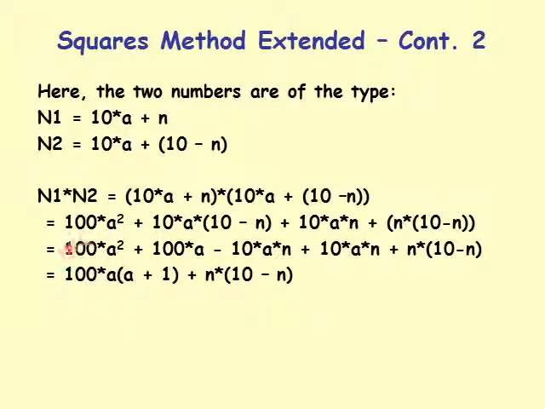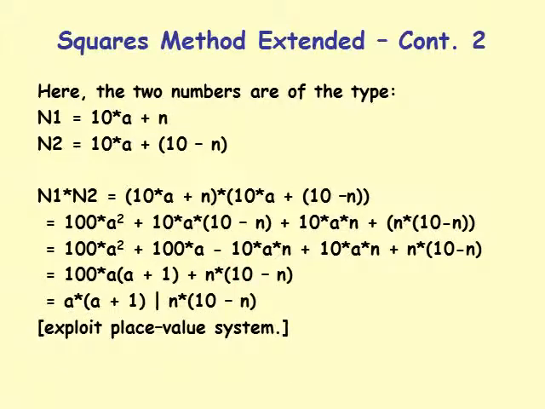So this term is 100a times a plus 1. So we have extracted 100a of a plus 1 from here. And then the last term is n times 10 minus n. See the 100 here? If this thing is 2 digits, we can use the place value system to say this is the left hand part of the answer and this is the right hand part of the answer.